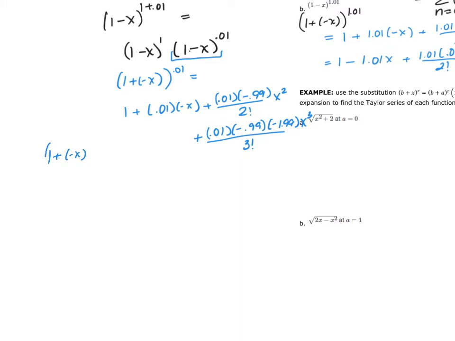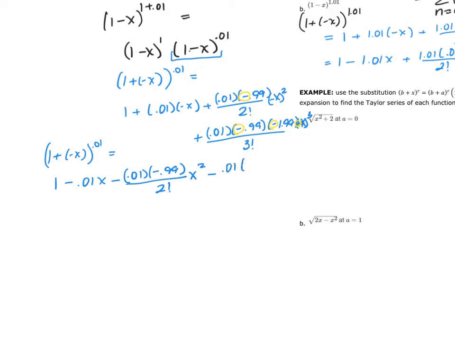This is going to be equal to 1 minus 0.01x, and then it's going to be a minus again, which is what I needed. And that's going to be 0.01, negative 0.99, over 2 factorial x squared. And the reason it's going to be a negative is because I only have one negative, and this should be a negative x. Just like here should be a negative x. Don't let me drop that negative x. And then it's going to be a negative x because I have a negative and a negative multiplied by a negative 1 raised to the third power is going to be a negative number.